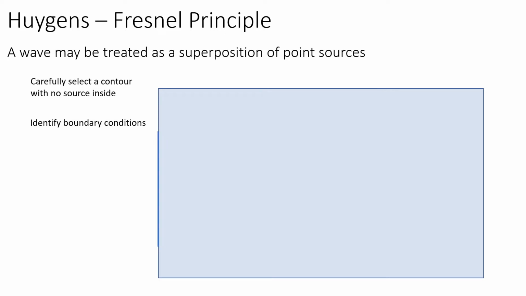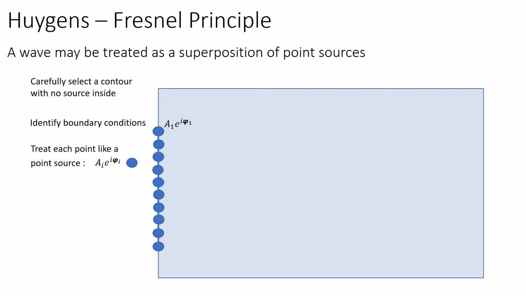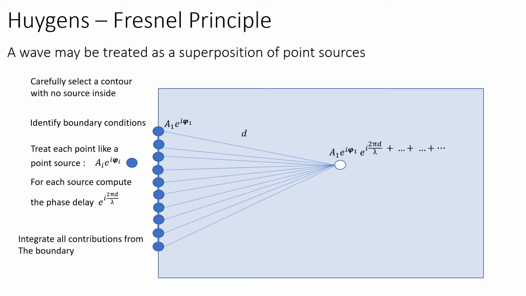To calculate the field anywhere within the volume, we decompose the border into a uniform distribution of point sources, matching the phase and amplitude of our wave at any point. We then add the respective contribution of each of these point sources to the field at the location of interest and sum their contributions.